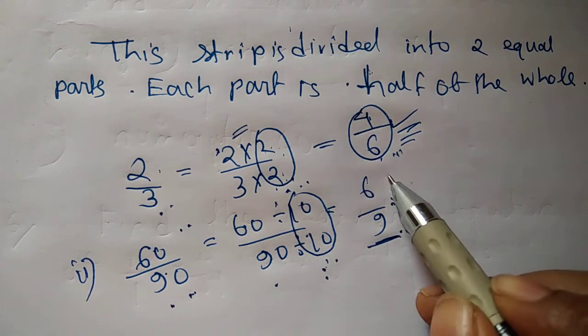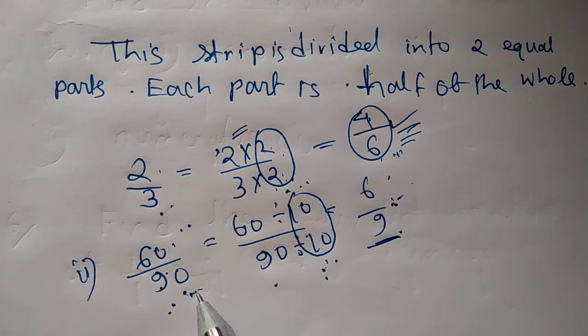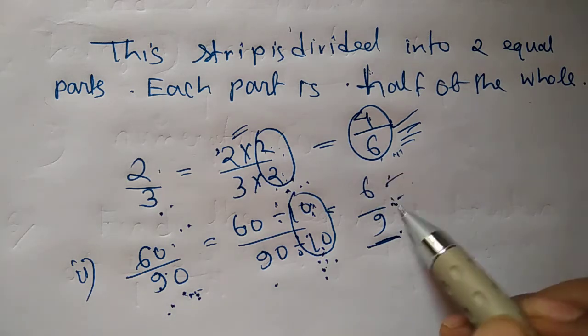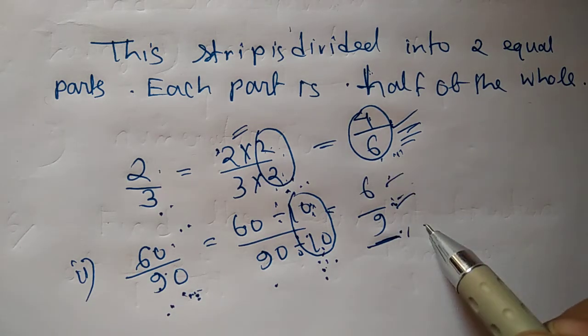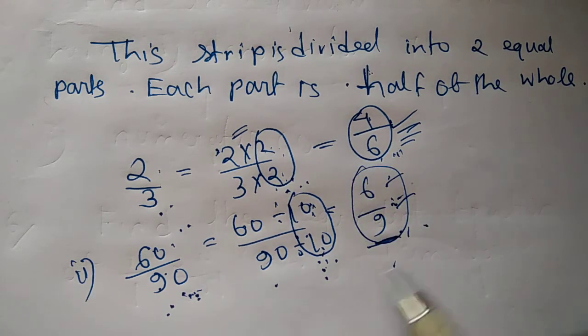It means 6 by 9 is the equivalent fraction of 60 by 90. I repeat this property, if the numerator and the denominator of the fraction is divided by the same number except 0, the value of the fraction remains the same and the equivalent fraction is obtained.